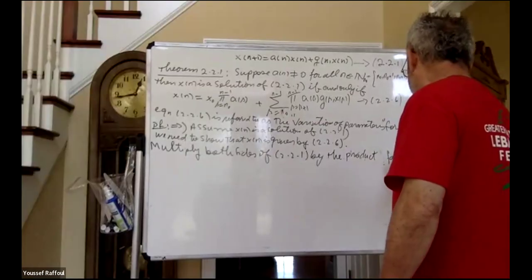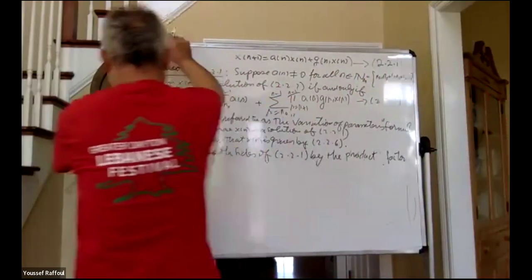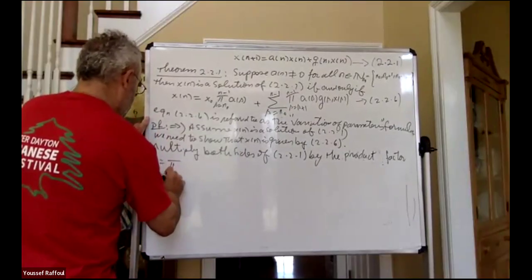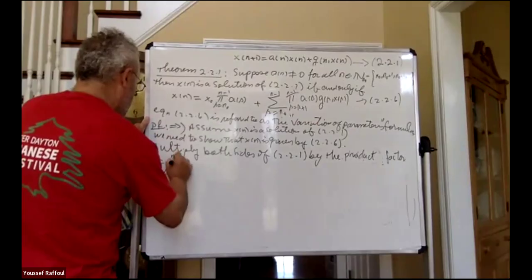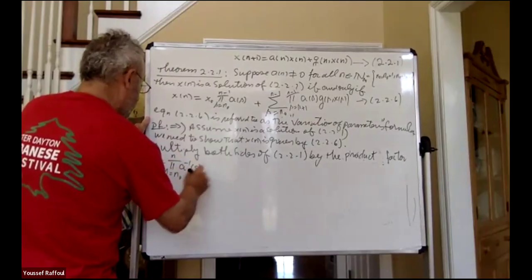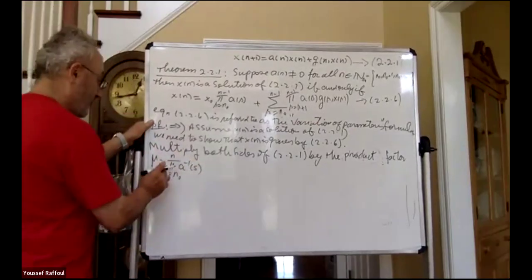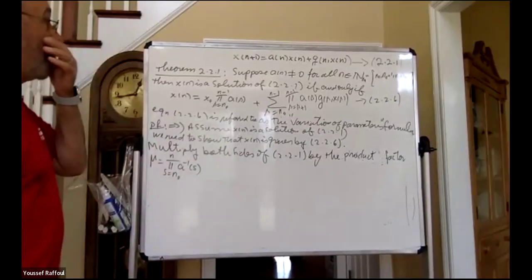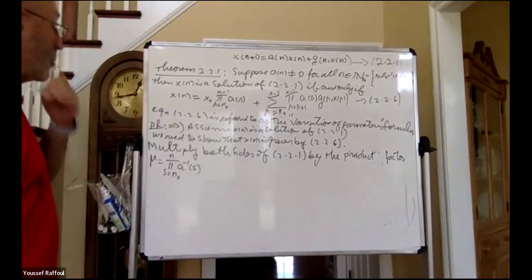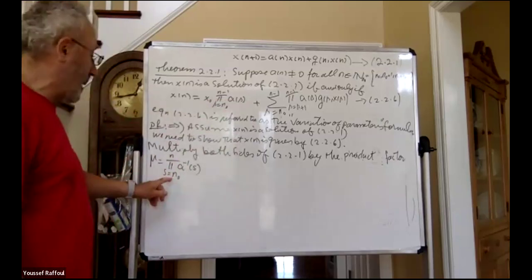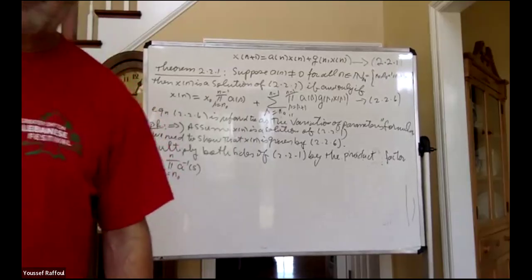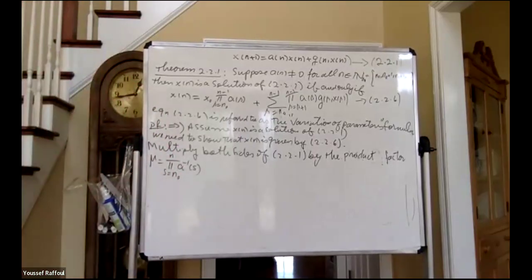The product factor mu equal to the product from s equals n0 to n of a inverse of s. Let's make S capital. I don't care if I write S as a capital, I mean the same s, okay? All right.